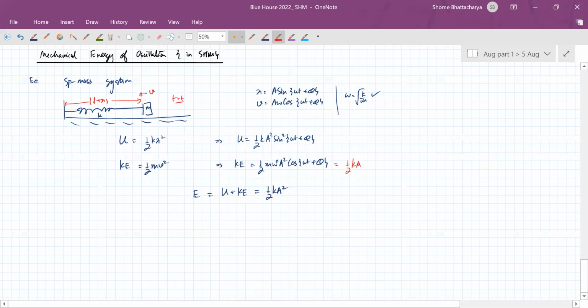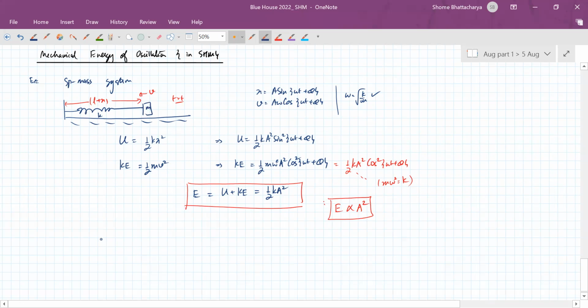So this is again half ka square cos square omega t plus phi, because m omega square is equal to k. Now if you sum these two, sine square plus cos square is 1. So we get the very important property that the total mechanical energy is proportional to square of the amplitude.